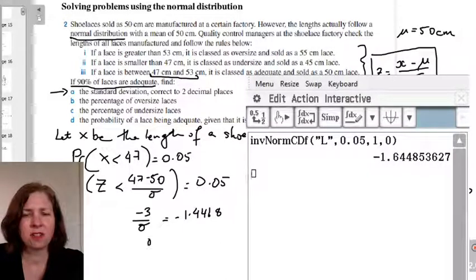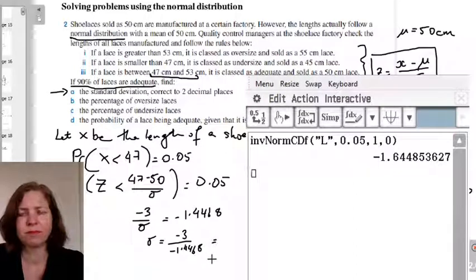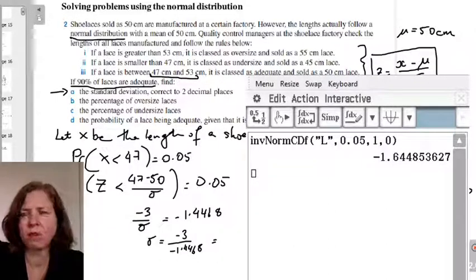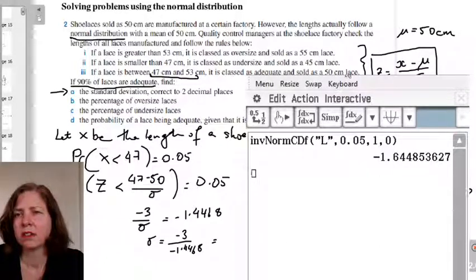So this can be solved by calculating sigma equals -3 over -1.4468. And I'm now going to just do that. So I've got -3, and I know what my problem was last time. So I'm going to use my keyboard this time to enter my negative value because I'm typing.